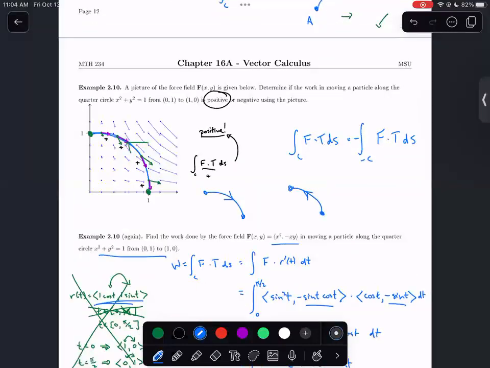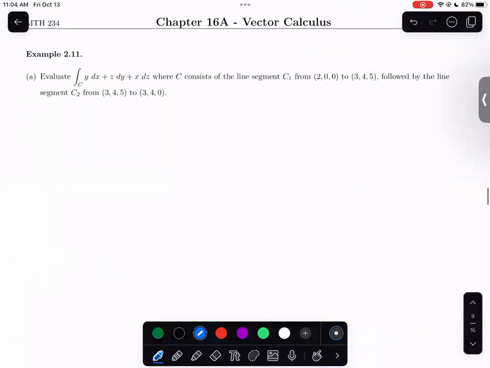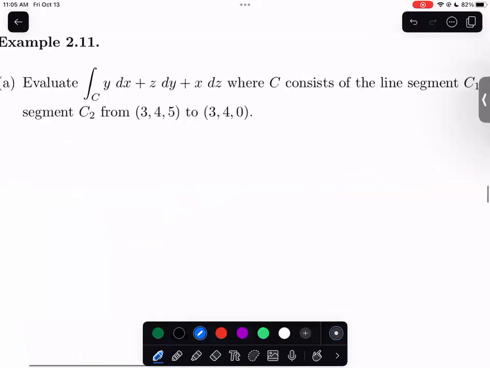Good. All right, let's do another one here. I would like to evaluate this line integral. It consists of two pieces. There are two segments here, and these are just line segments. The first thing, like I mentioned, is that this would be our P dx, Q dy, R dz.